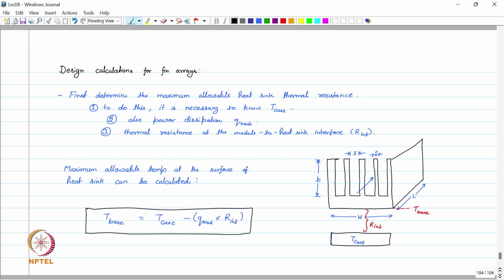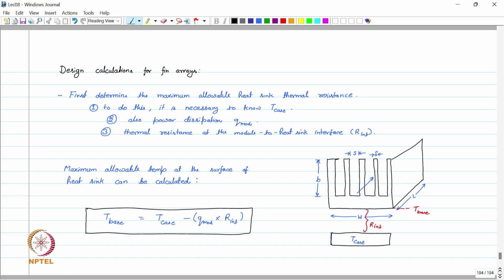So here we see a heat sink which has certain fins. The width is W, length is L, and this heat sink is placed on top of a casing or module. This module is generating the heat, which is the power dissipation. This we need to know to design a proper heat sink. For example, this is Q, the power dissipated by this module, and the temperature of this module is, let's say, T case, which is easy to measure.